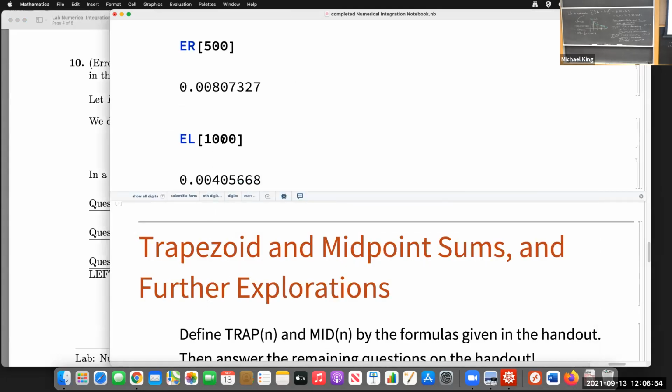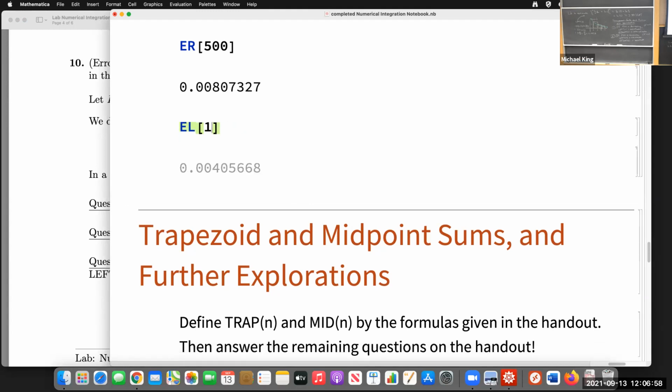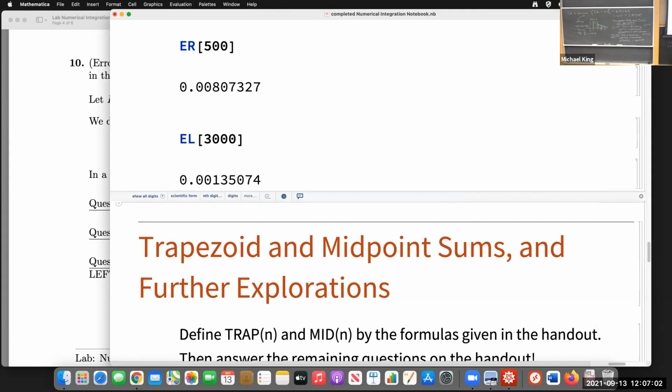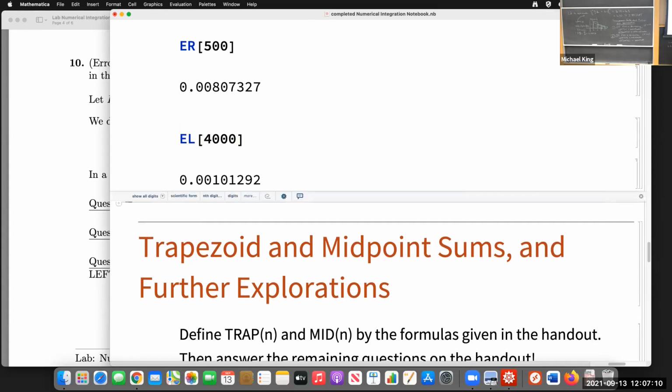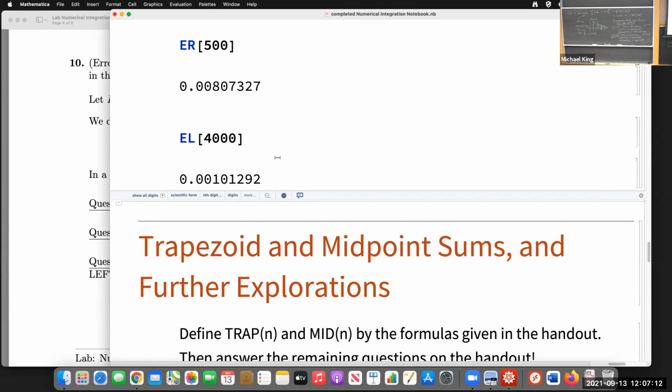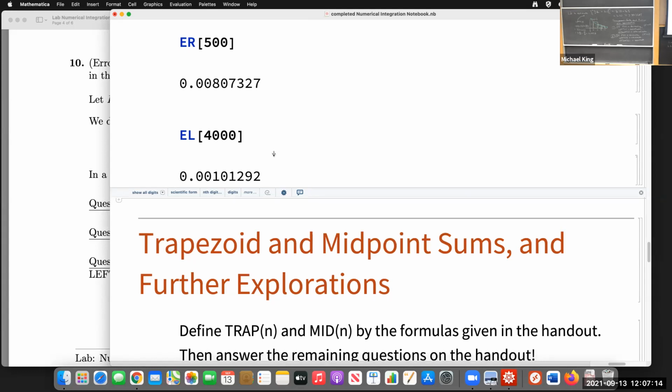So it's kind of fun to play, just put different numbers in here until you can make this less than 0.001. If I do like 3,000, still bigger than 0.001. If I do 5,000, it's less. If I do 4,000 rectangles. So anyways, it's silly to watch me play with this. Okay, so that's all that stuff.